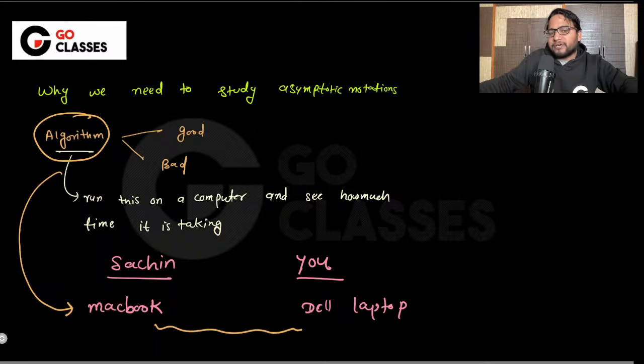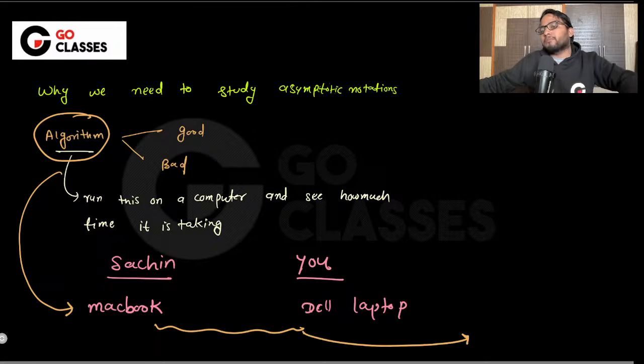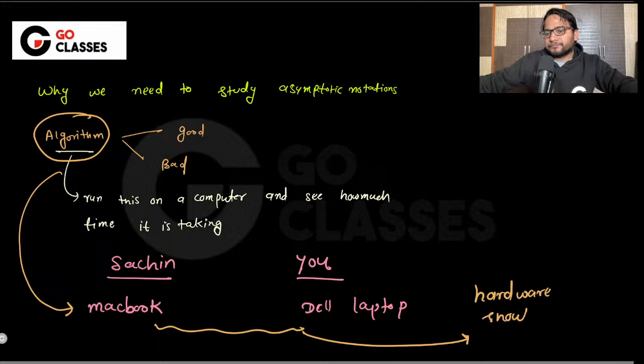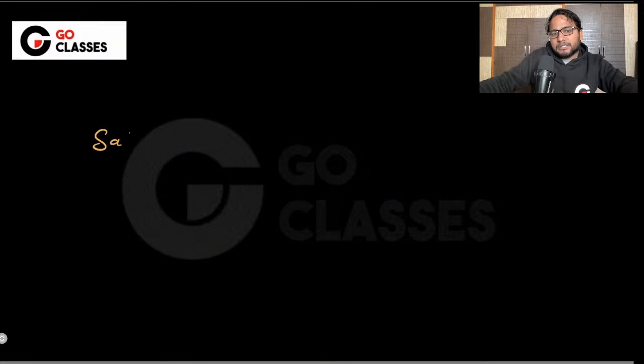Since the computers are different, I cannot just compare the time manually. If we manually measure, then we have to measure on the same computer. That's the difficulty here. The hardware should be the same if I want to compare.